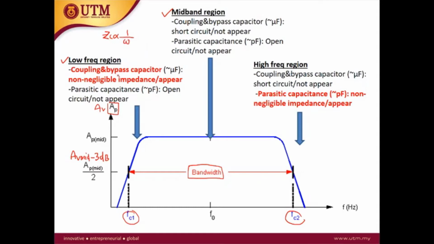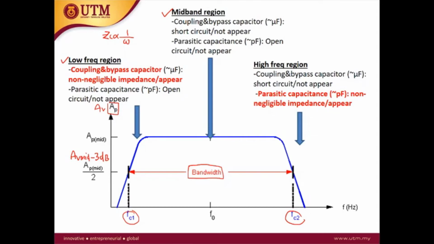So what happens to the coupling and bypass capacitors in this frequency region? The impedance will not be small anymore; it will have a value that cannot be ignored. So you need to consider this impedance.